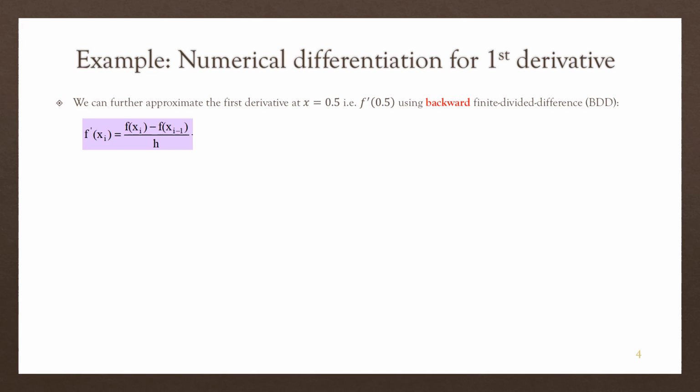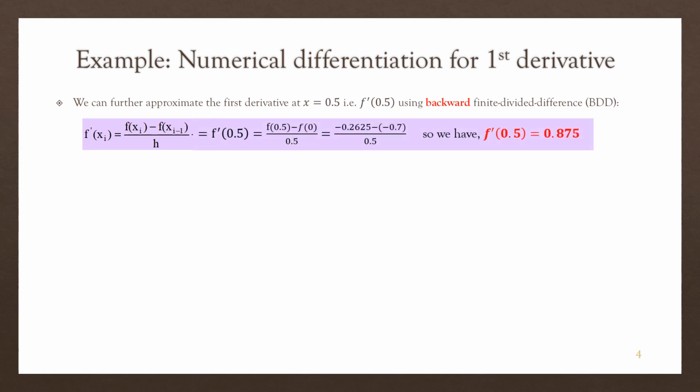We have determined just now that if we have step size equal to 0.5, it means that xi minus 1 is equal to 0. We substitute all the values previously evaluated, and we will get the value of the first derivative at x equal to 0.5 equal to 0.875 using the backward finite divided difference.